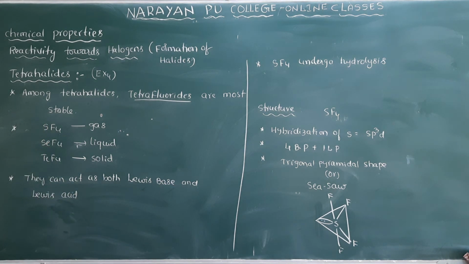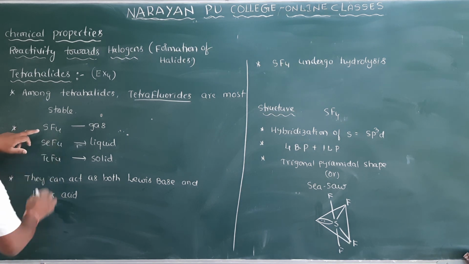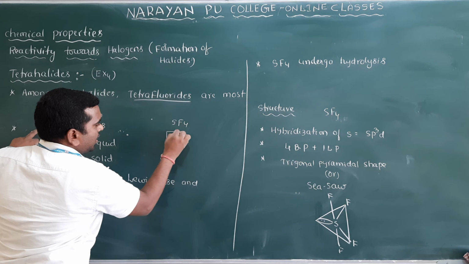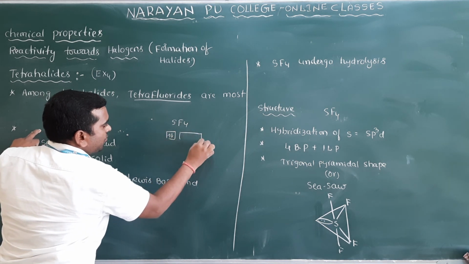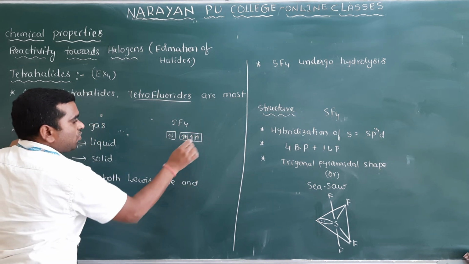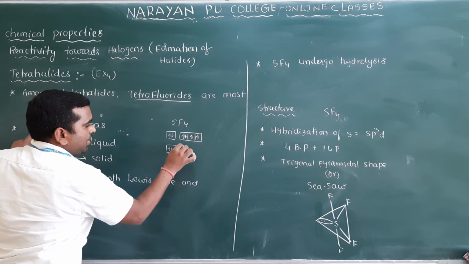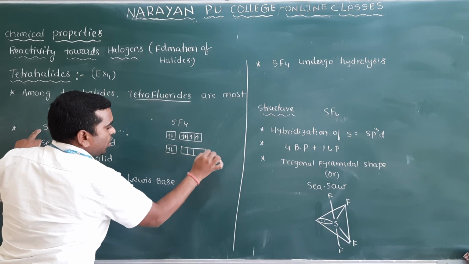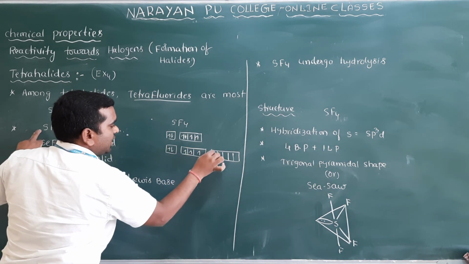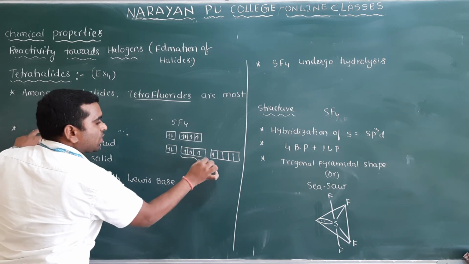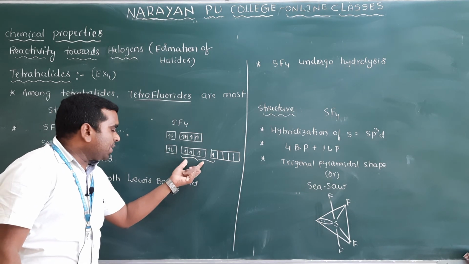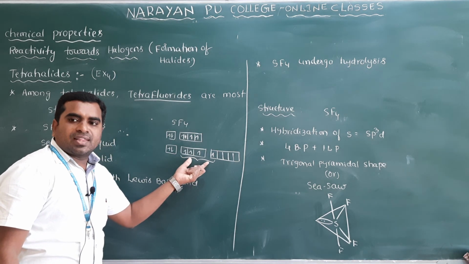Why? Because if I write SF4, what is the sulfur electronic configuration? ns2 np4. In the first excited state, one of these electrons will jump into the d orbital. How many unpaired electrons are present here? 4 unpaired electrons, and these are used in bond formation.